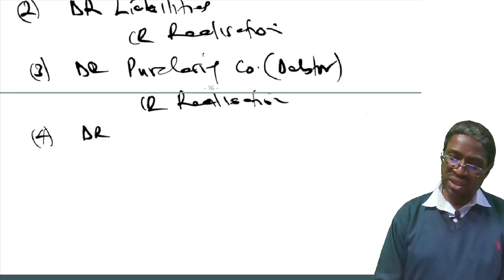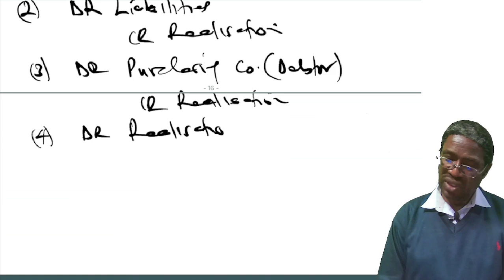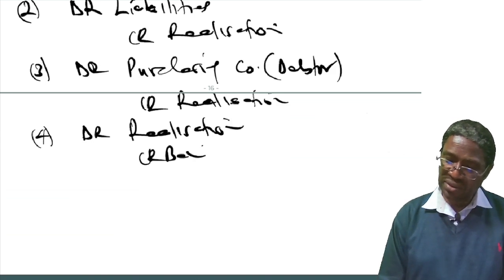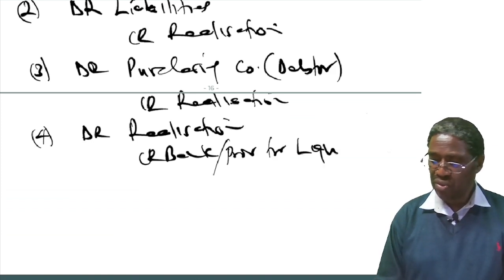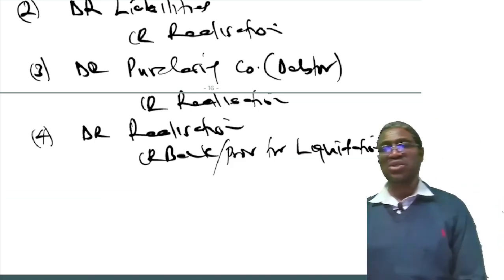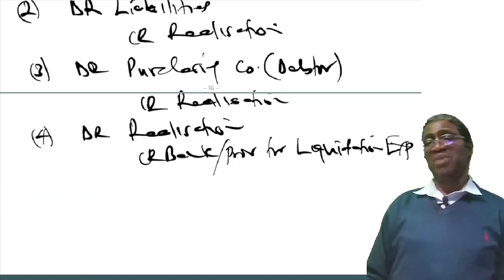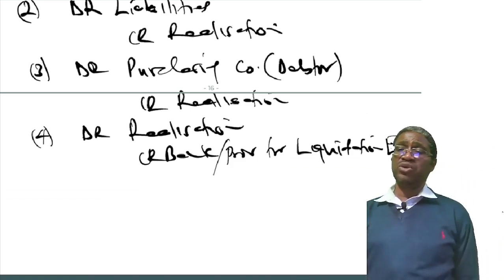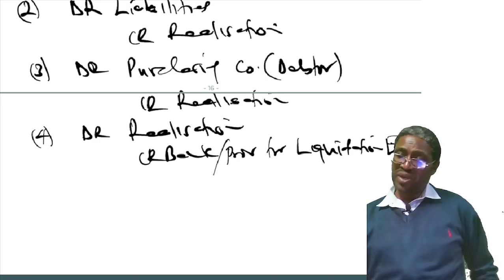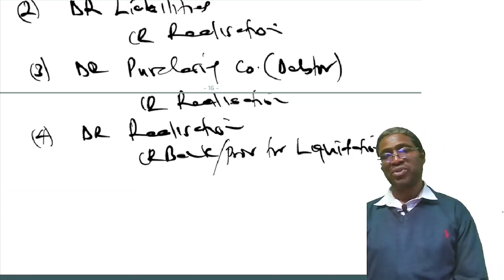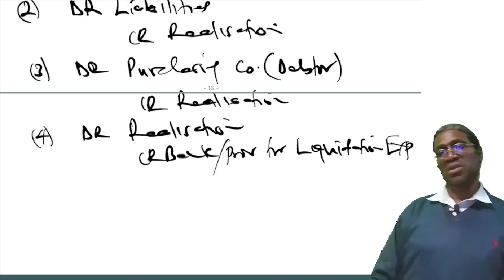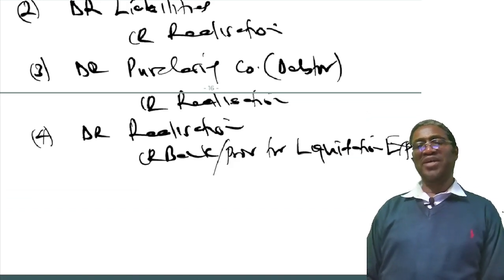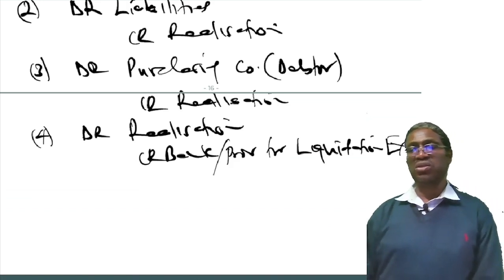Debit realization, credit bank stroke credit provision for liquidation expenses. If you paid, you credit bank. If you incurred but never paid, that's why we are saying you credit provision for liquidation expenses. That's number 4.